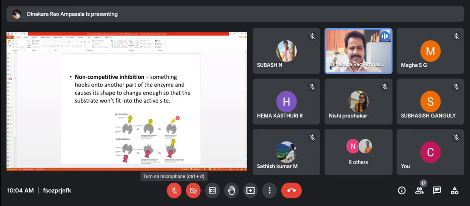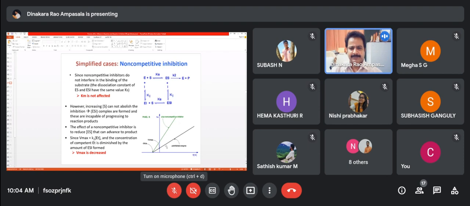In this kind of reaction, enzyme and substrate form enzyme product, and an enzyme inhibitor complex will form. If you add substrate, an enzyme substrate inhibitor complex will form, but it will not go further to product. If you plot substrate versus velocity, Km is not affected. They have the same Km value, but Vmax is decreased.